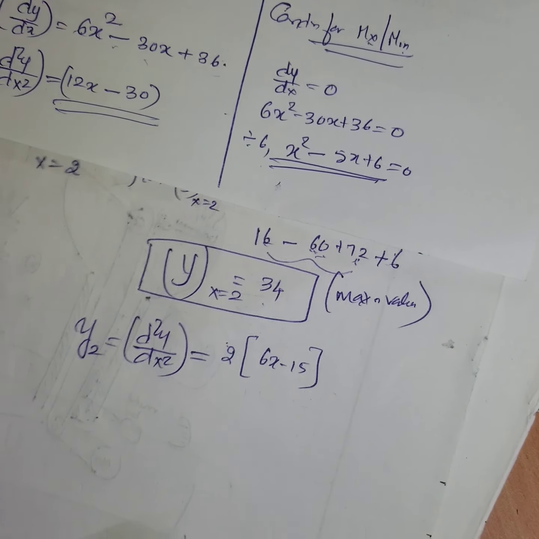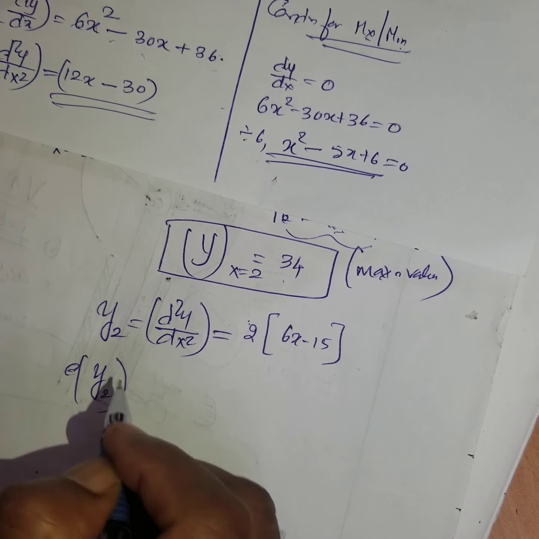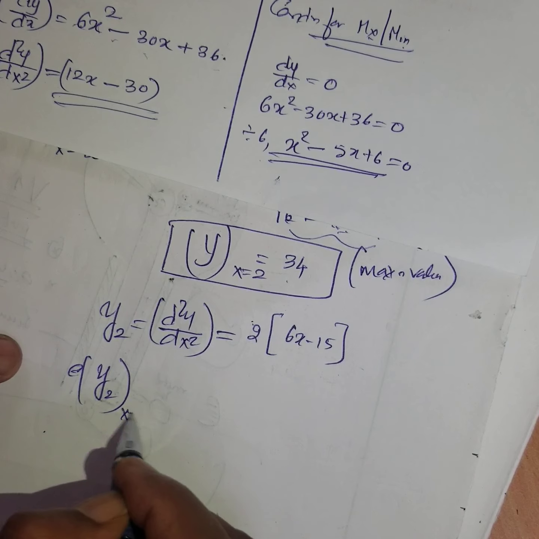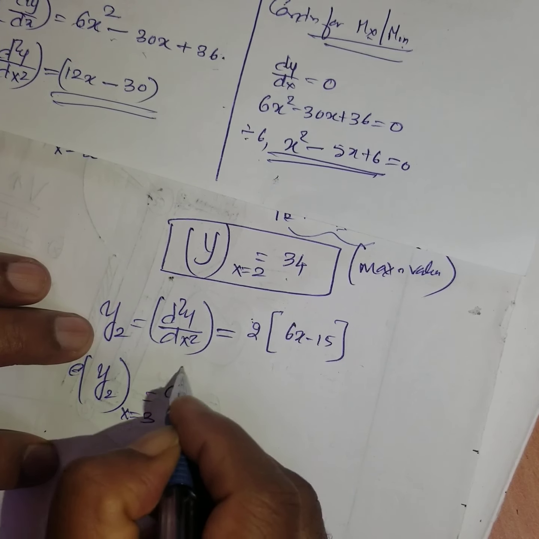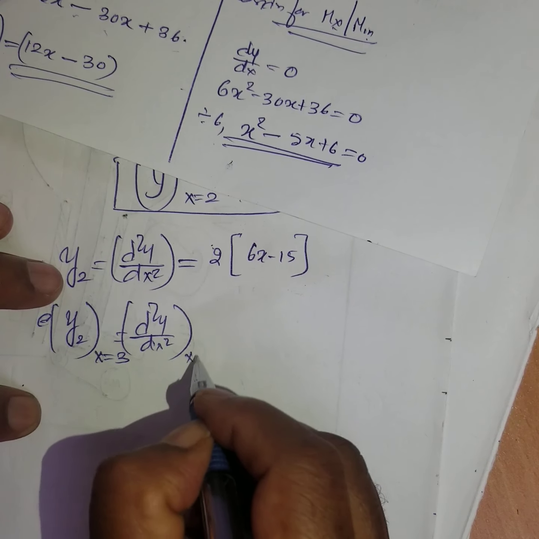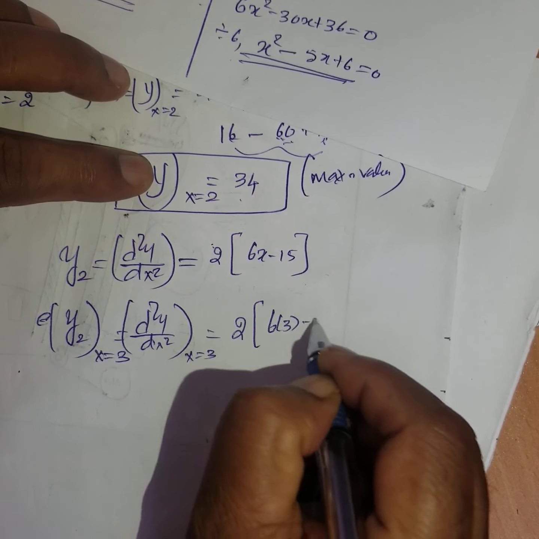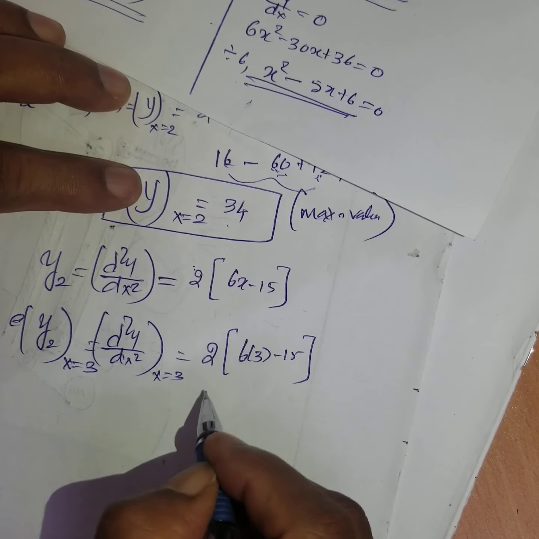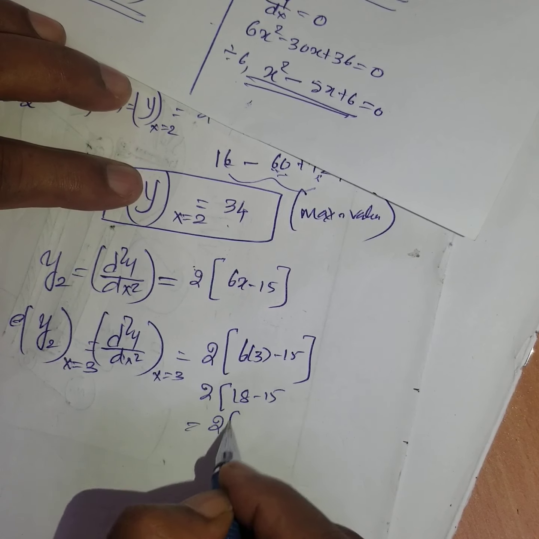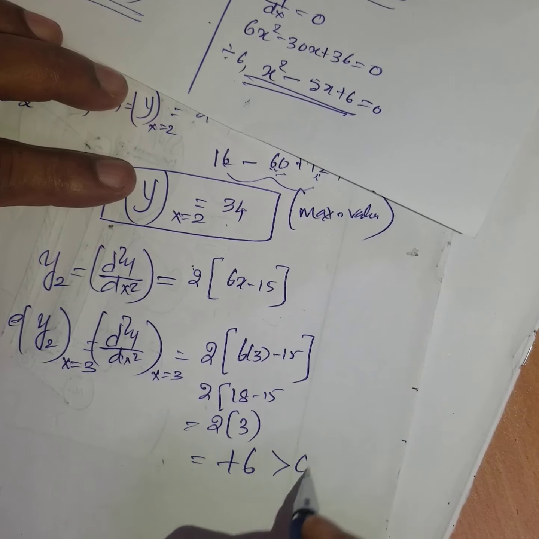Now, the second derivative at which value do you have to find? x = 3. So I will find the second derivative at x = 3: 6 times 3 minus 15, 18 minus 15, plus 6, I am getting greater than 0.